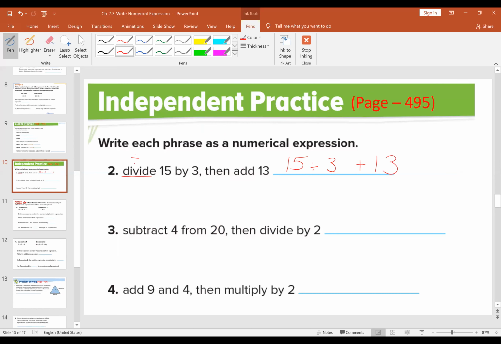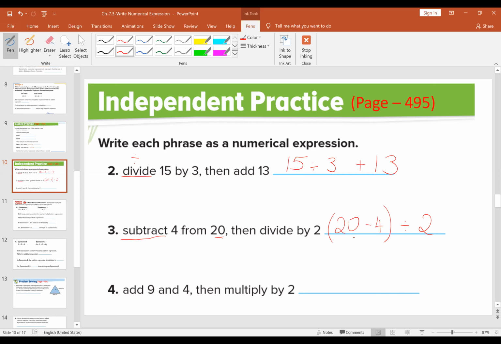Okay, question 3, subtract 4 from 20. So subtract 4 from 20 means what? 20 minus 4. They said from 20, therefore 20 comes first. And then divide by 2. So subtraction first. Why did I add brackets? Because they mentioned subtraction first.